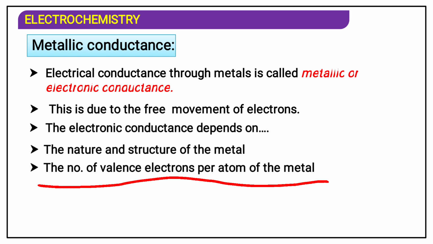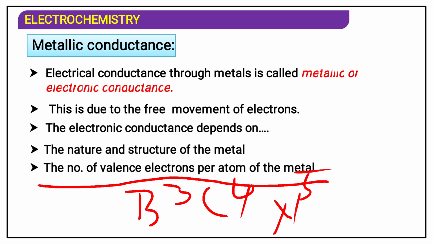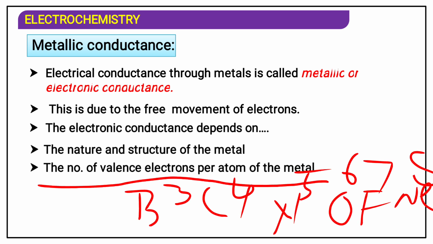Suppose valence electrons increase: boron has only 3 valence electrons, carbon has 4, nitrogen has 5, oxygen has 6, fluorine has 7, and neon has around 8 valence electrons. Means as valence electrons increase, automatically conductivity increases.